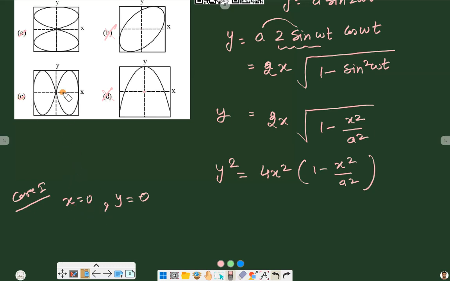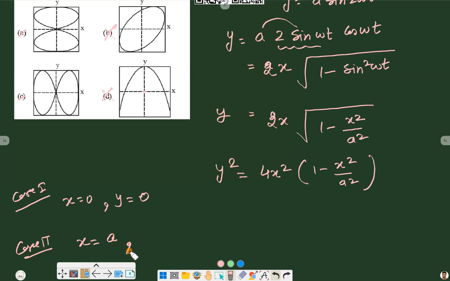Now in option C we have that x is increasing, and with x increasing, y increases to maximum value and then reduces to 0. Whereas in case of option A, with increasing x, y does not reduce to 0. For that, in case 2, we can take x is equal to a.